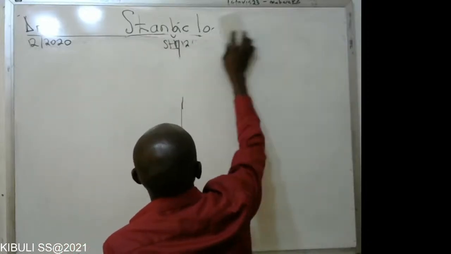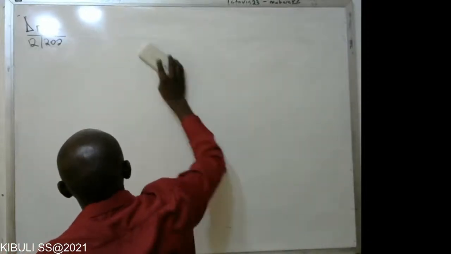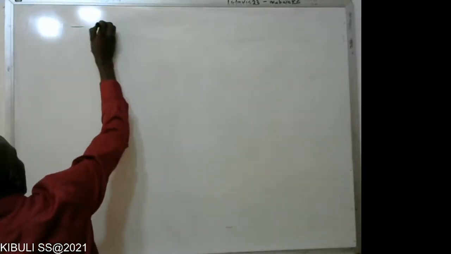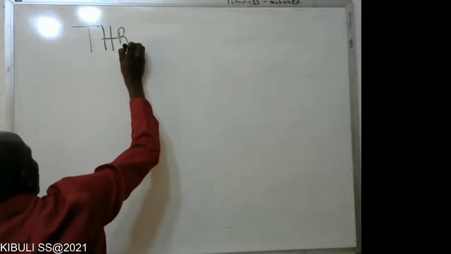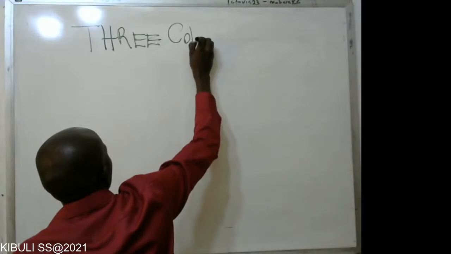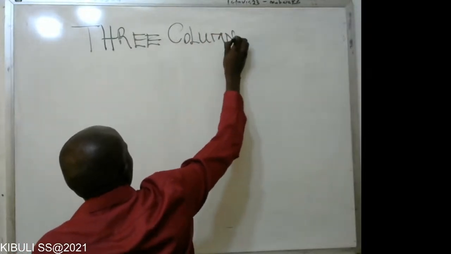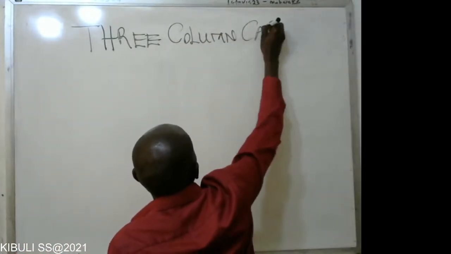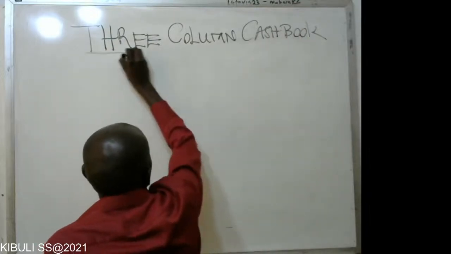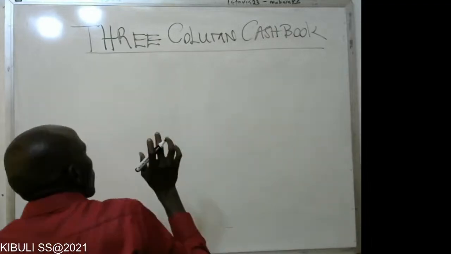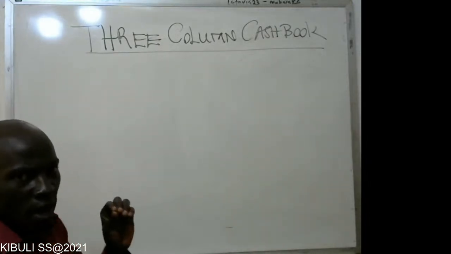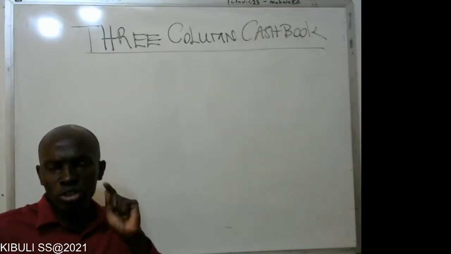3-column cash book. Why do we call it a 3-column, not 2?